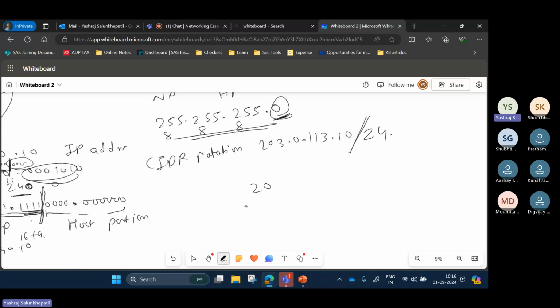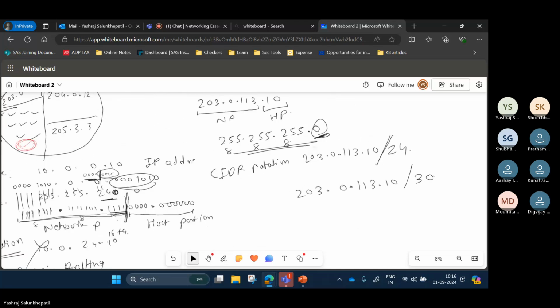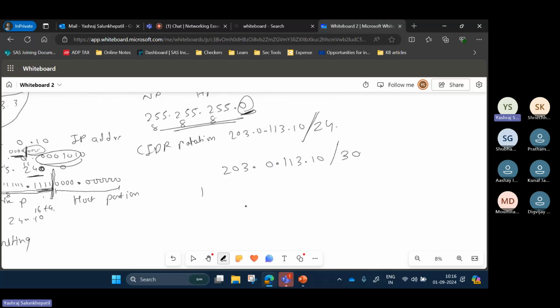So /24. Now let's say if I had written something like /30. ठीक है? तो बाइनरी में, okay, I'll just write it down. 128, 64, then 192, 224, then zeros... 240, 248, 252, then 2 and 1.